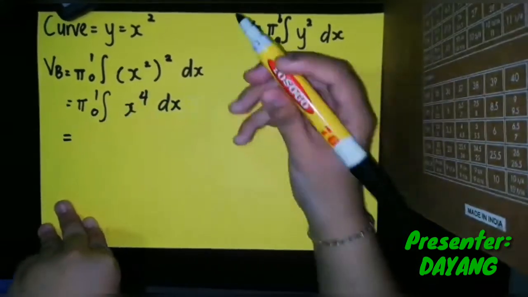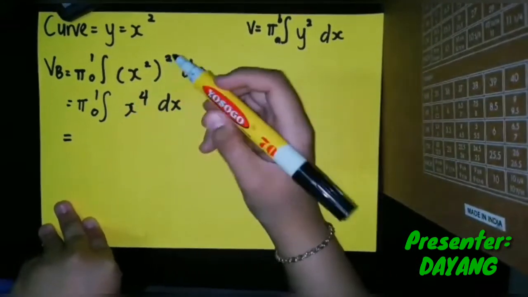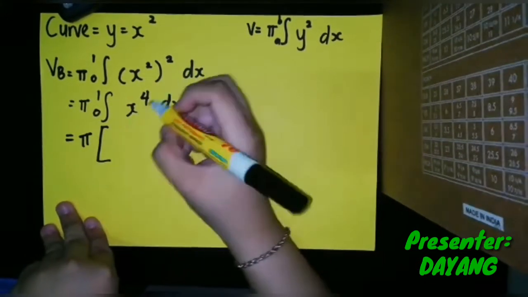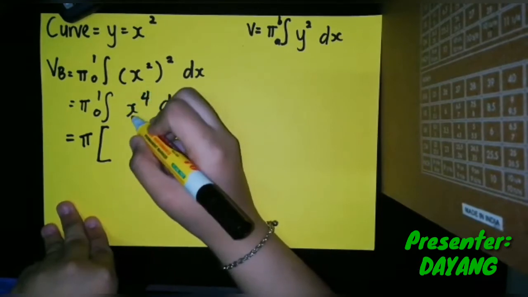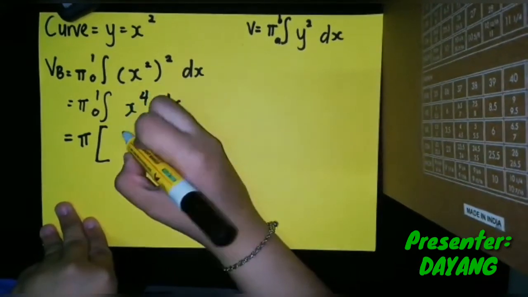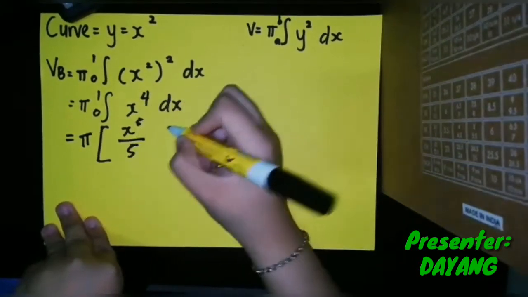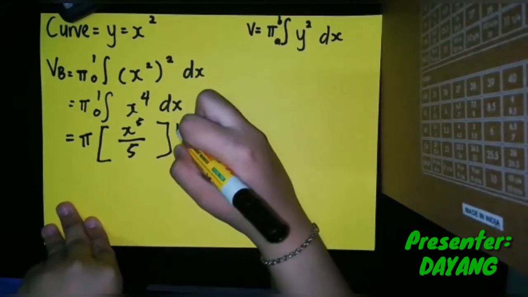Next, I will show you how to integrate this equation. Pi, bracket, integrate this x power of 4, it will become x power of 5 per 5, close bracket, 1, 0.